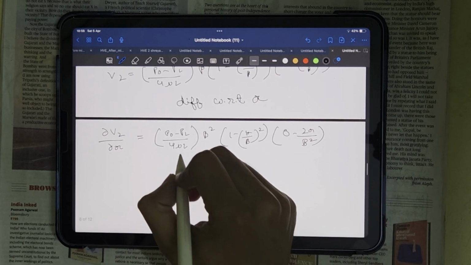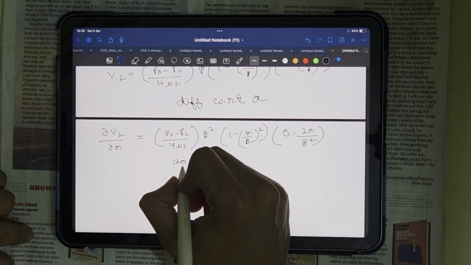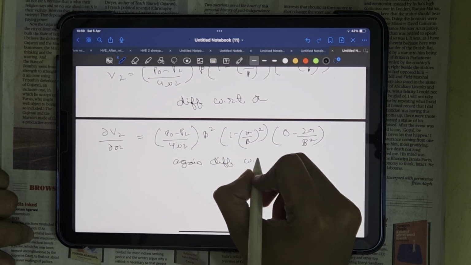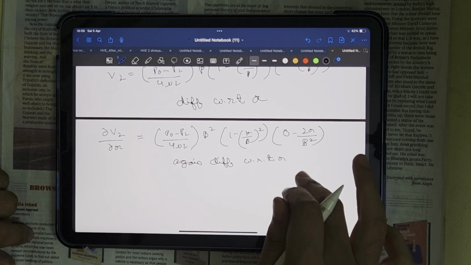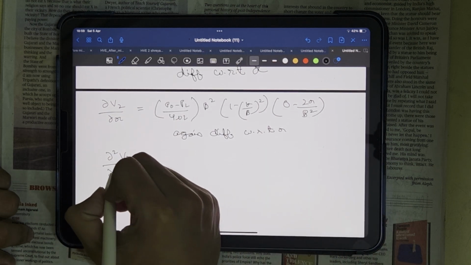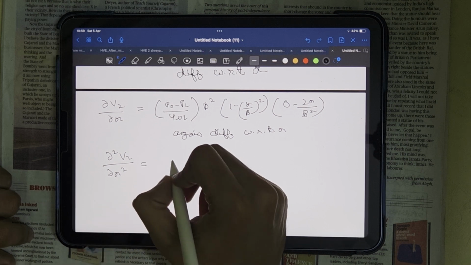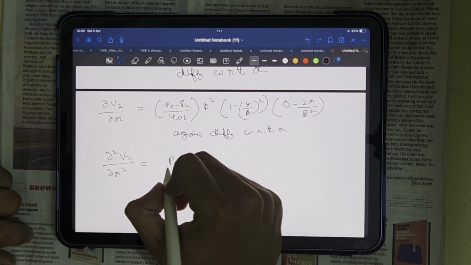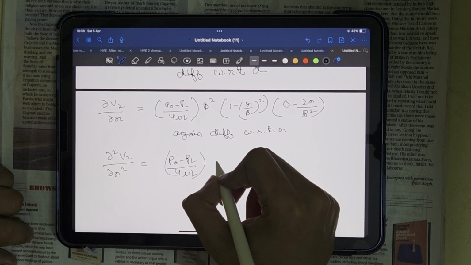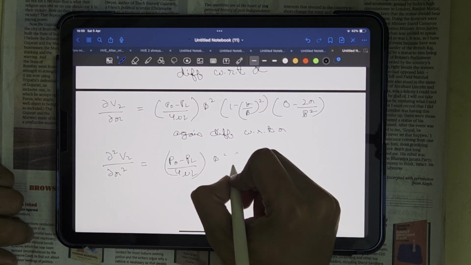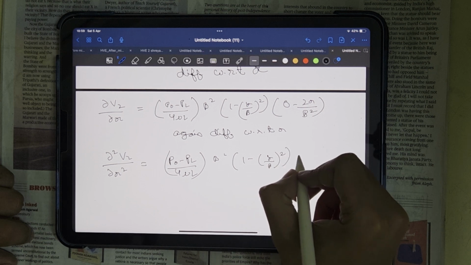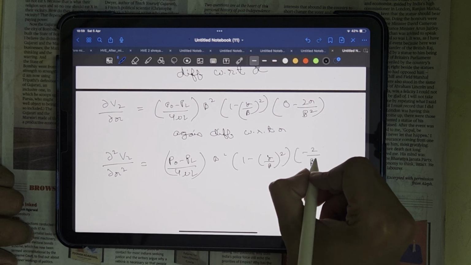We will again differentiate with respect to x to get dou square vz by dou x square, P0 minus PL on 4 mu L, beta square, 1 minus y by beta whole square, minus 2 by beta square.